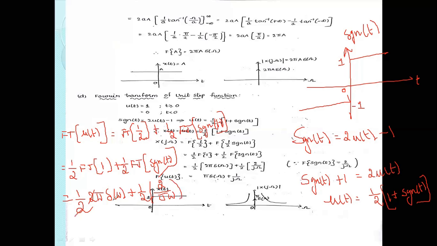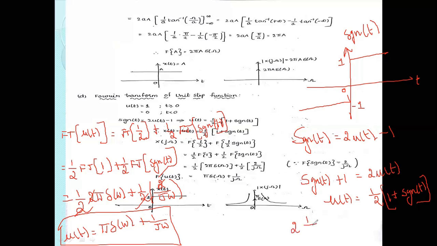So finally, the 2 gets cancelled here: pi into delta of omega plus 1 by j omega is the Fourier transformation of mu of t, by using the constant 1. The 1 by j omega term for mu of t, while for the signum function it is 2 into 1 by j omega.